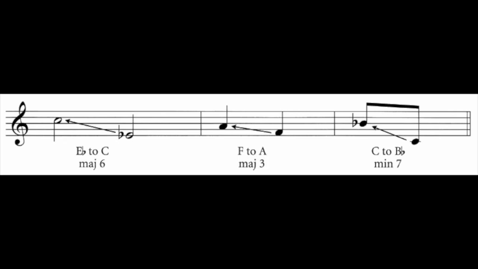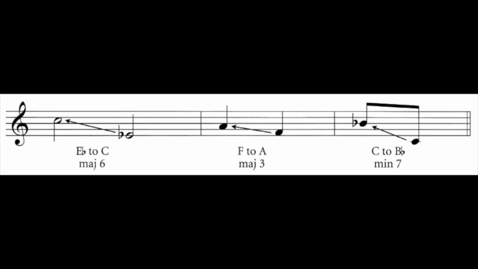Our third example here is from C to B flat. Once again, the C, even though it comes after the B flat, is the lower note. So if we make C the tonic, the key of C major has no sharps or flats. Unfortunately, B flat is not in the key signature of C major.